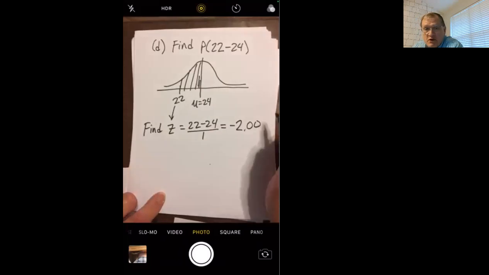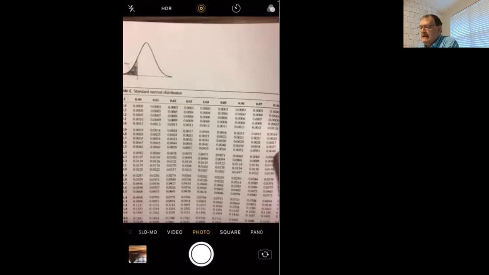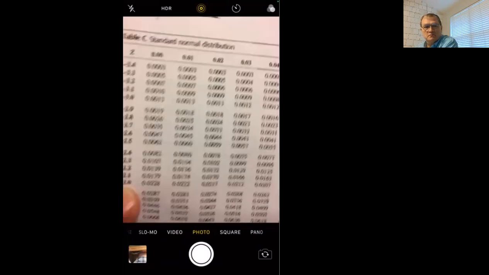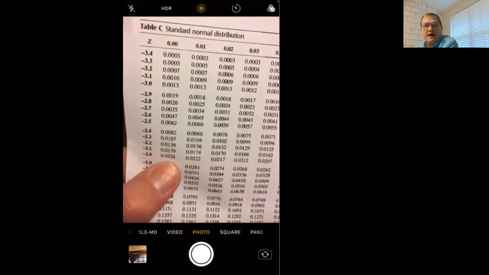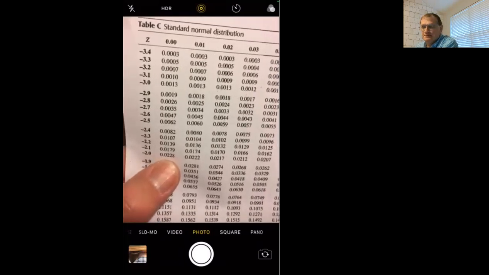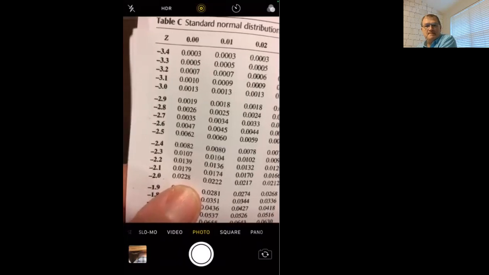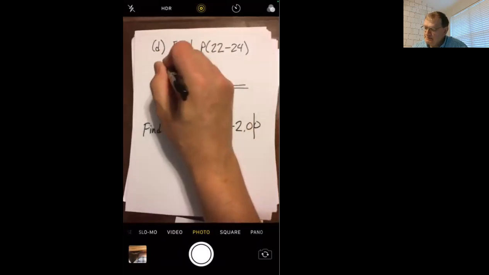Back on the table, -2, remember, split off that 0. -2.0, 0 column is 0.0228. That is this direction.